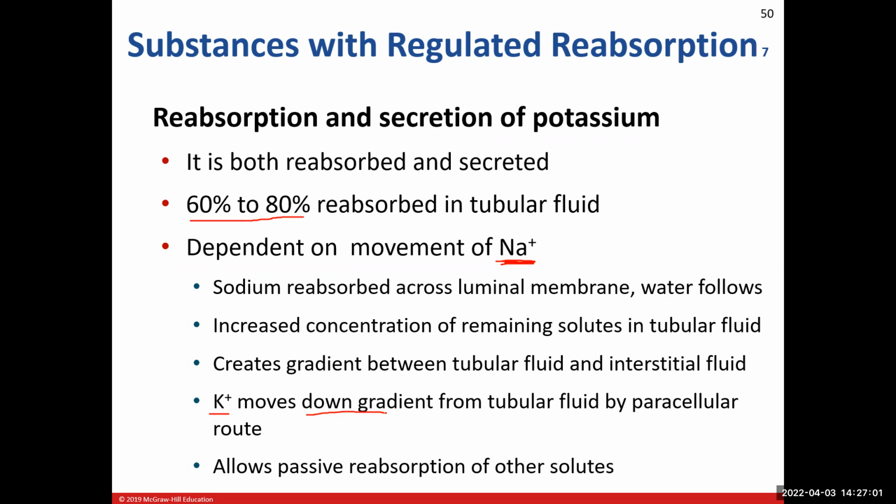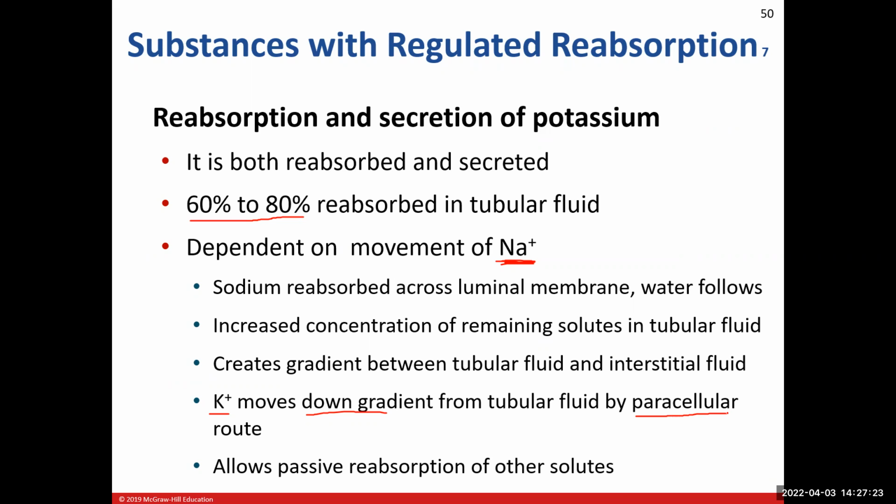So in this case, potassium is going to move from the tubular fluid towards the interstitial fluid, but it's going to take a route of the paracellular direction. And what that means is it's going to go in between the cells.